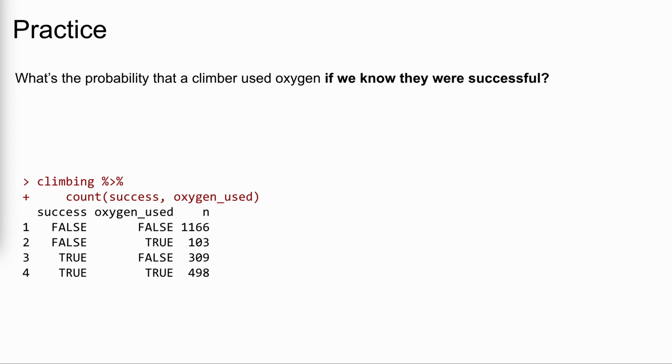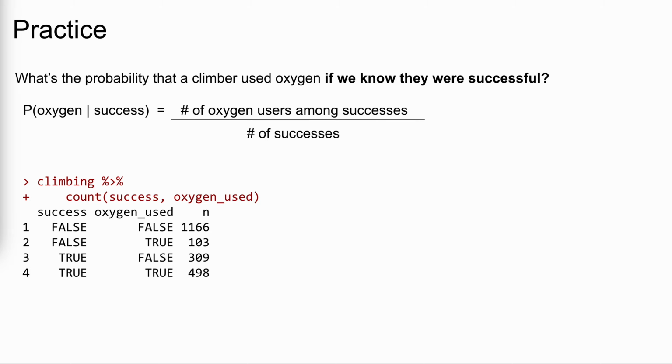So how, if at all, does this figure change if we know that a climber was successful? That is, what's the conditional probability that a climber used oxygen if we knew they were successful? Again, I encourage you to pause your video and try this calculation on your own. To calculate this conditional probability, we need to narrow in on just the successful climbers, the denominator here, and how many of these successful climbers used oxygen, the numerator.